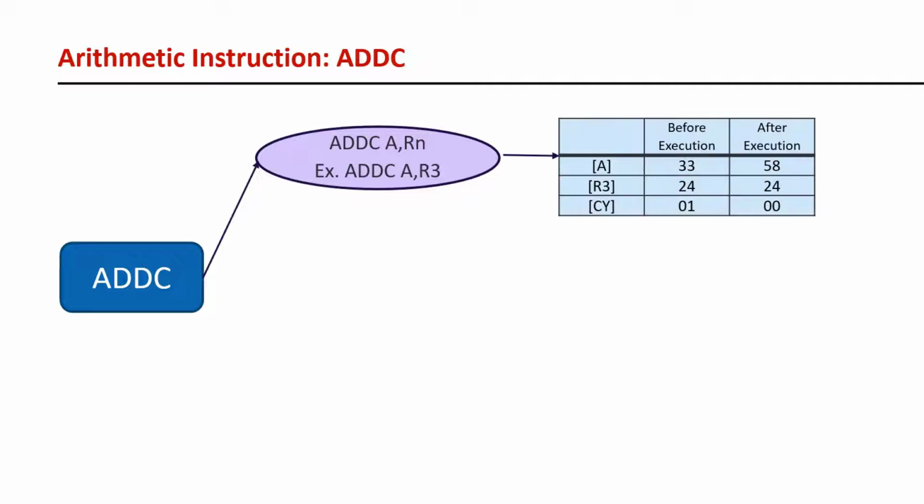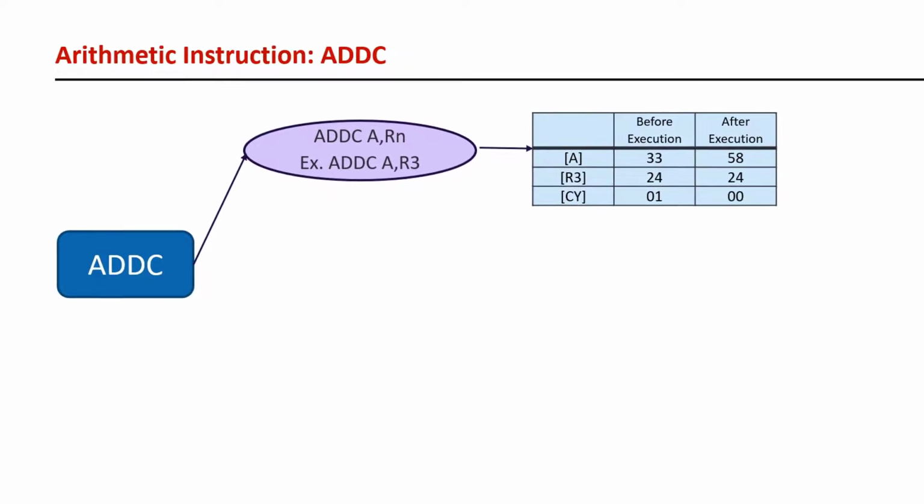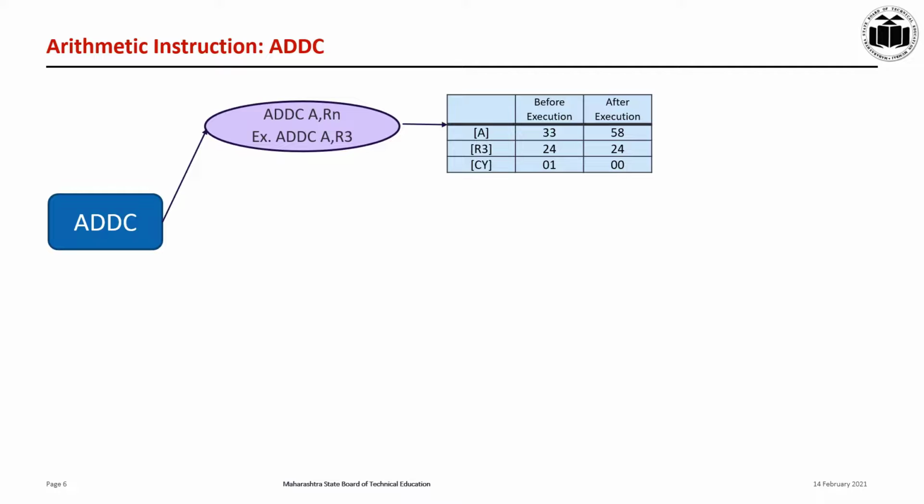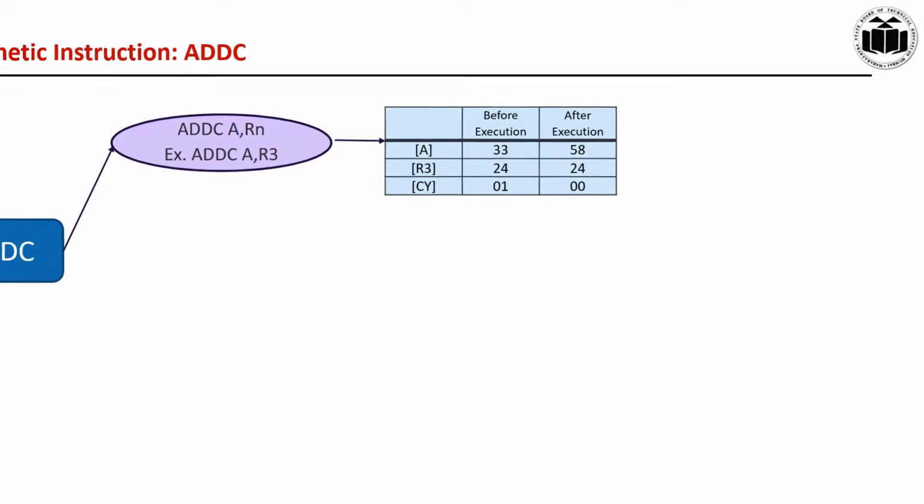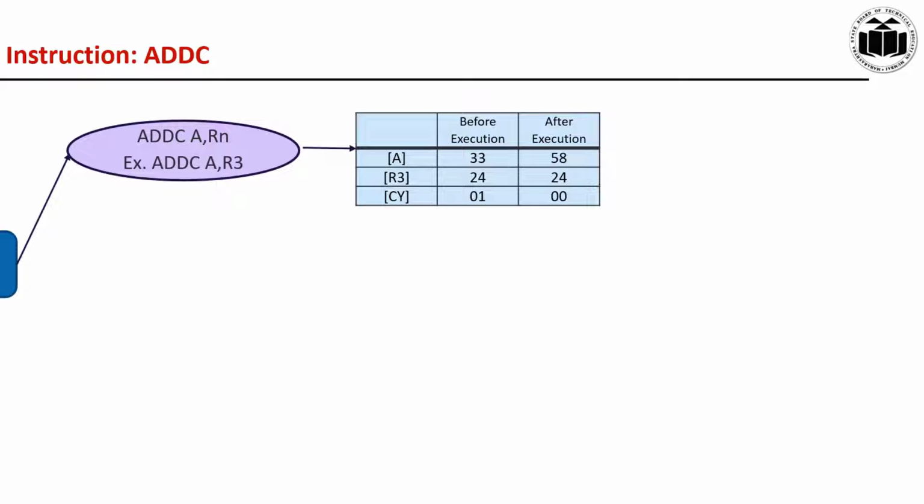For example, ADDC A, R3. If accumulator contains 33H and carry flag is 1 and register R3 contains 24H, then 33, 1 and 24 will be added and result 58 will be stored in accumulator.